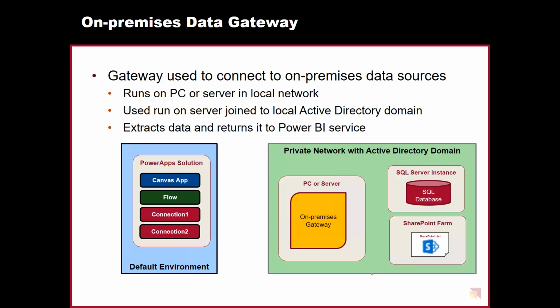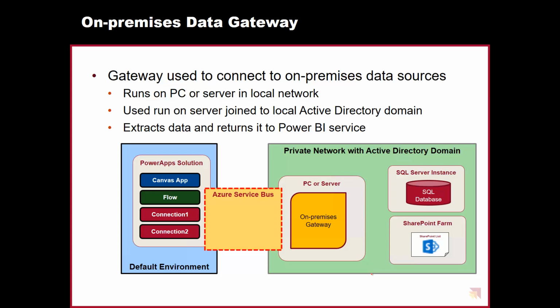Now, Microsoft is very interested in allowing us to connect to this on-premises data, but do it in a very safe way. So when we use an on-premises gateway, what happens is you basically have to, on the computer that runs the gateway, log in using an account, and what that does is it creates a special connection with Azure Service Bus, back into the PowerApps cloud.